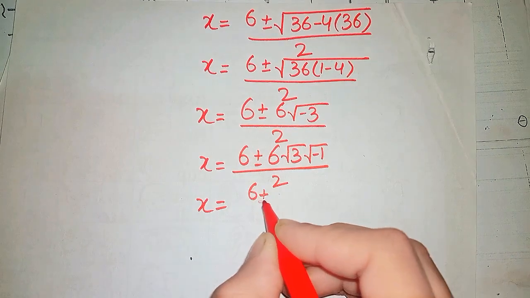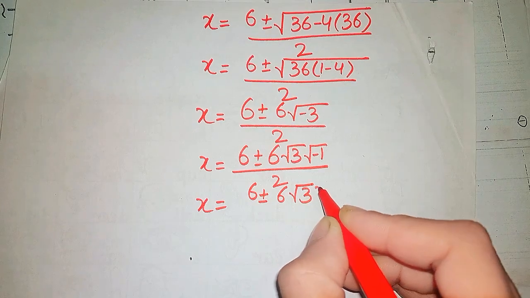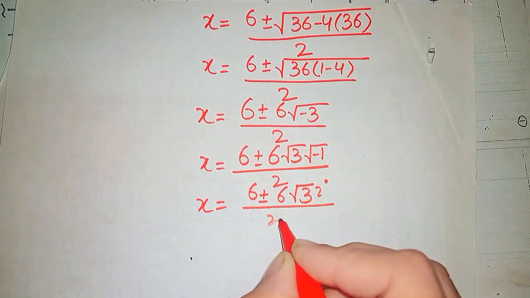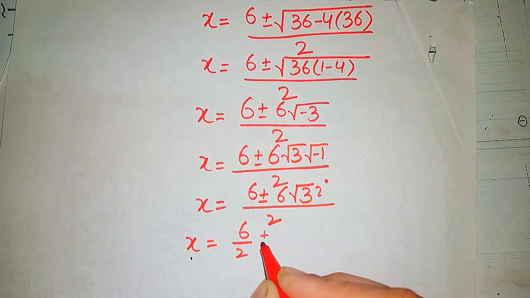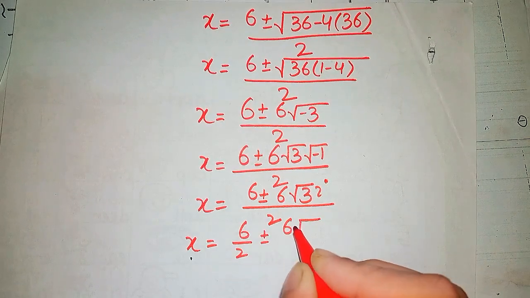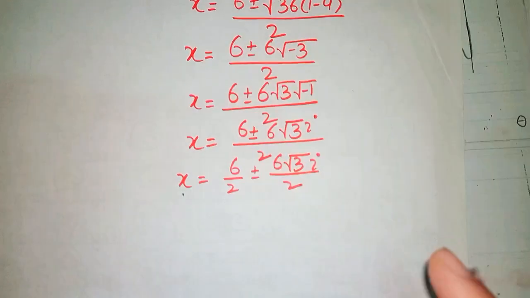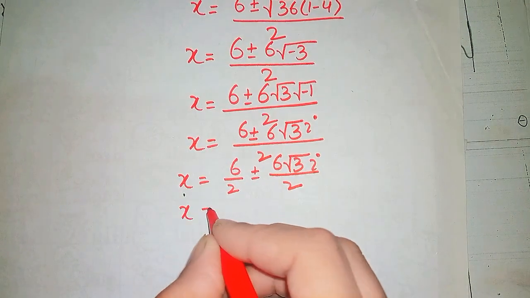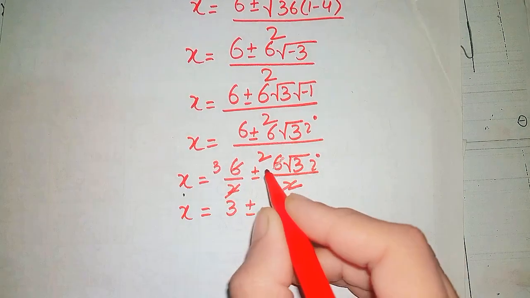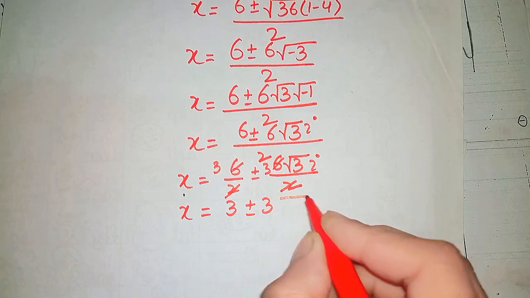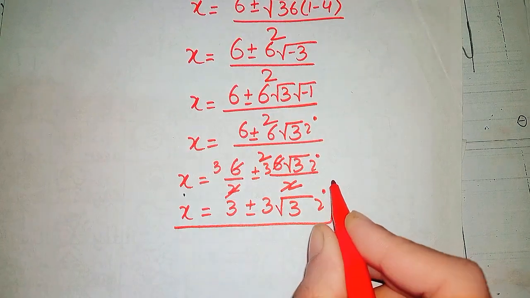So x equals 6 plus minus 6 into square root 3 iota over 2. When we separate these terms, it becomes 6 over 2 plus minus 6 square root 3 iota over 2. Now 2 3s are 6, so 3 plus minus, similarly 2 3s are 6, so 3 into square root 3 iota, and this is our value of x.